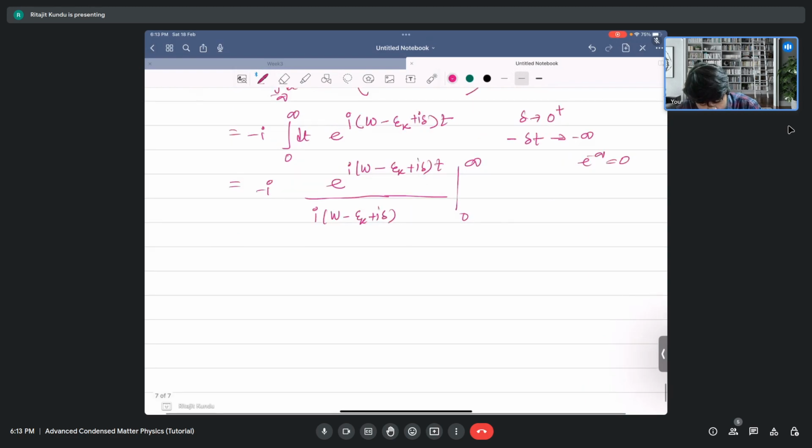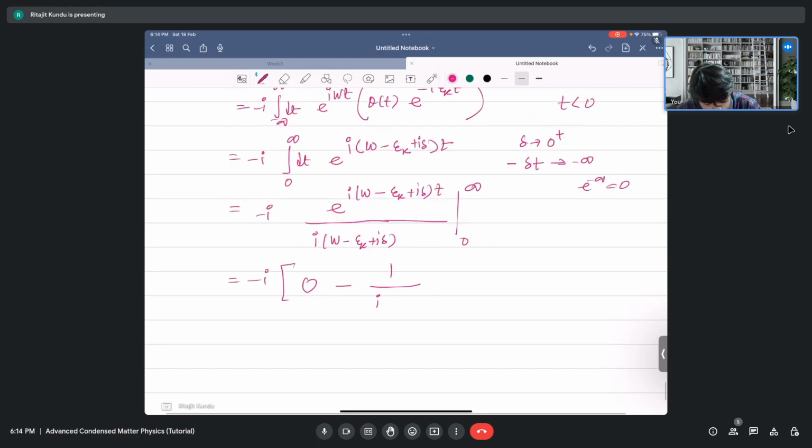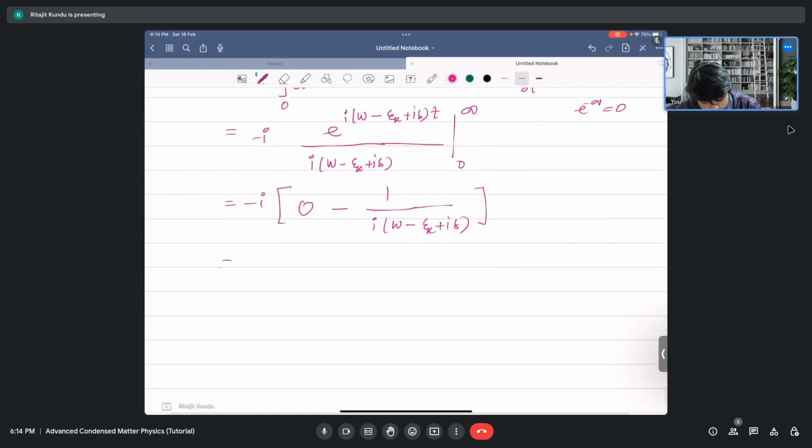As I mentioned, at infinity this is just 0, so the first limit is 0, and the other limit is just 1 by i(omega minus epsilon_k) plus i delta. If I do this one-step simplification, this becomes omega minus epsilon_k plus i delta. So this is your retarded Green's function G_k(omega).